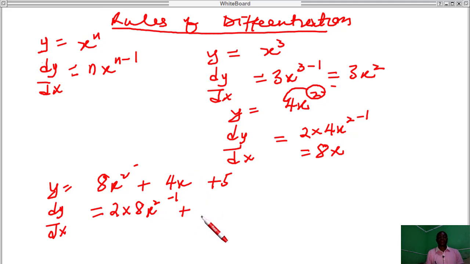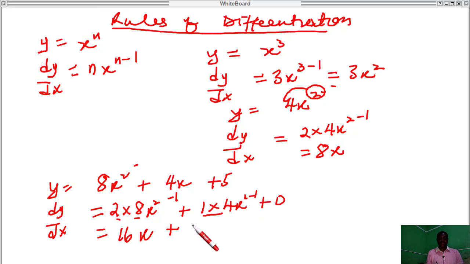And here the power is 1, so it will be 1 times 4x to the power 1 minus 1. And this one has no power, so it will become 0. So when we simplify, 2 times 8 will be 16x plus, this one will give us 4.